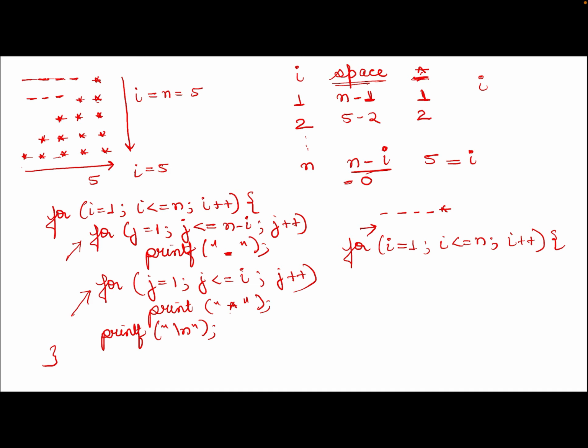Now how many patterns in total do I want to print? I want to print 5 patterns, 4 are spaces and 1 is an asterisk. So j is 1, j is less than or equal to n, and j plus plus. In total there are 5 patterns, 4 are spaces for the first row and 1 is an asterisk.